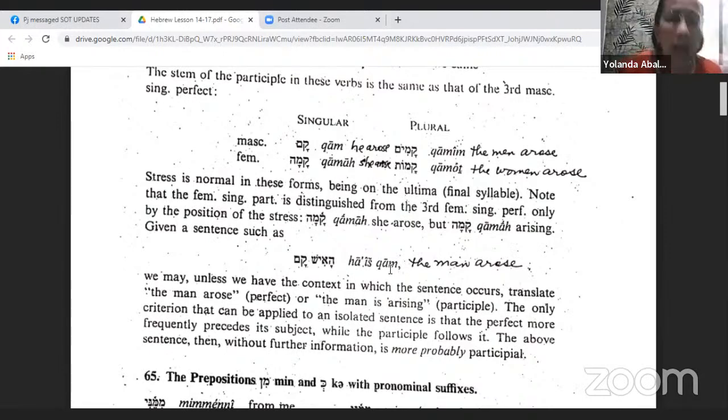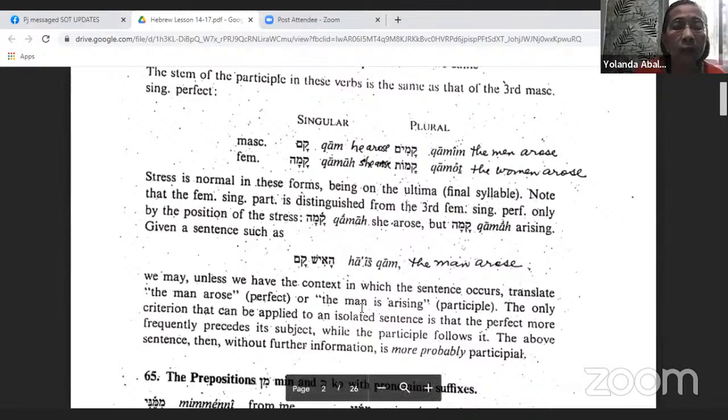Pagka-re-recite ninyo ang man at men, dapat na-distinguish ninyo yung a at saka i. Alright? So that, the man arose, that's a perfect verb. The man is arising, that is participle. Yeah? Converting the perfect verb into participle.